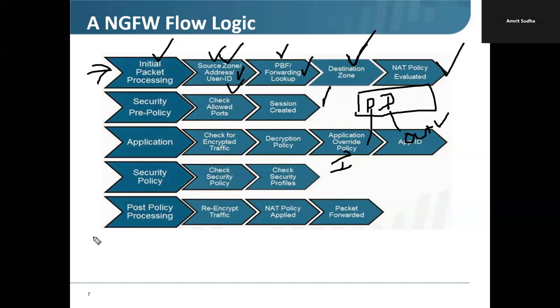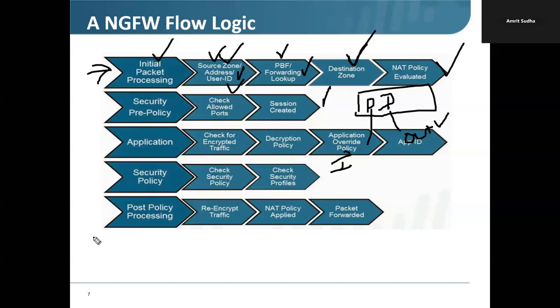But here, in the case of the next generation firewall, it will check the configured access control list. It will have the source port, destination port, and source IP, destination IP, both sides. And at last there will be the parameter: allow, deny, or drop.